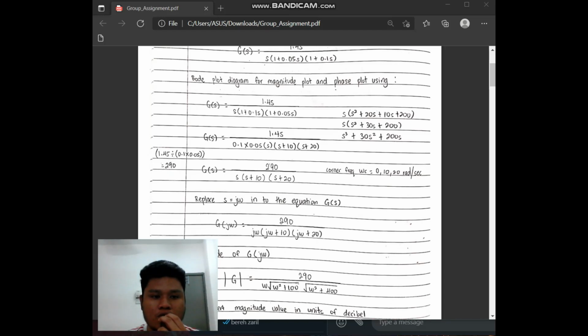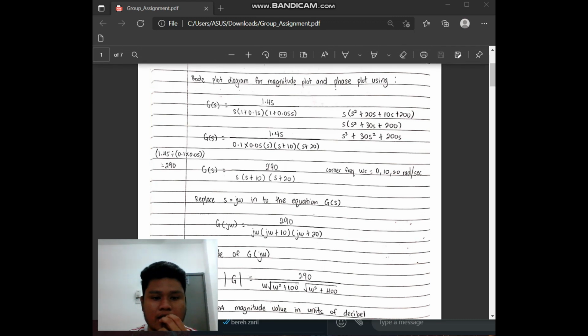if we want to plot the magnitude plot and phase plot, we must use this calculation or technique. First, we know that our G(s) is 1.45 over s(1 + 0.1s)(1 + 0.05s). So we take out the 0.1 and 0.05 from the s terms and multiply them.